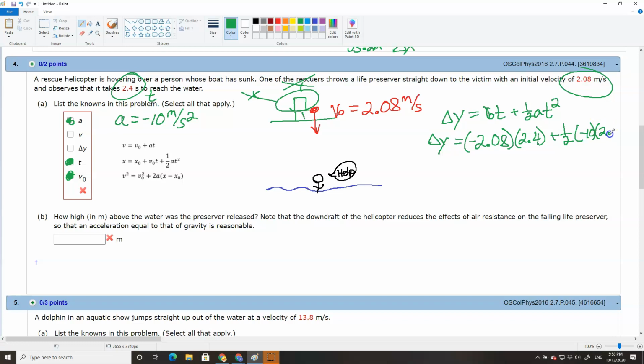And the second thing is on the 1/2 at squared, people tend to forget to put in the square. Solving out delta y will give us a negative 33.8. The question is asking how high up is the helicopter, so I'm going to use a positive 33.8.